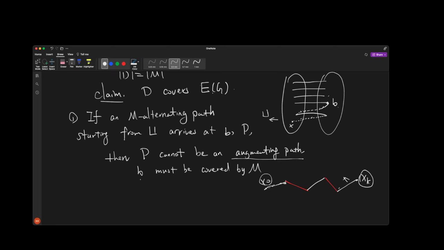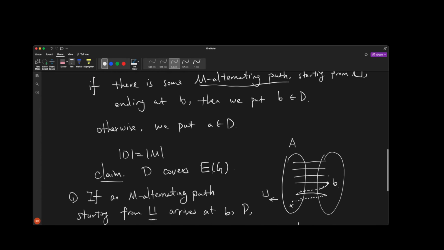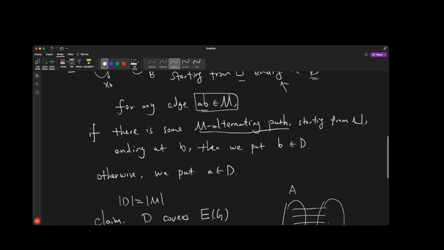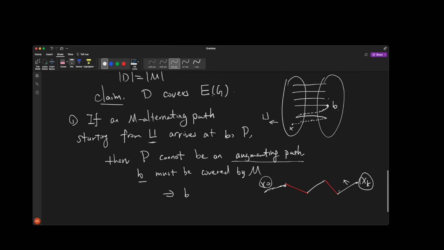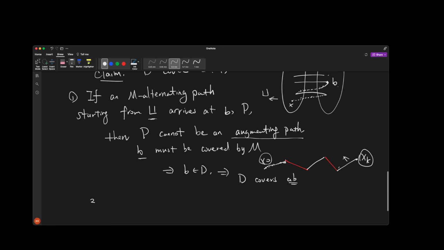We start from this X which is in U. So B must be covered by M. But by our definition here, if there is an M alternating path starting from U and ending at B, then we already put B in D. So it means that B is in D. Or we can say that D covers the edge AB, because B belongs to D. Okay, so this is an observation.